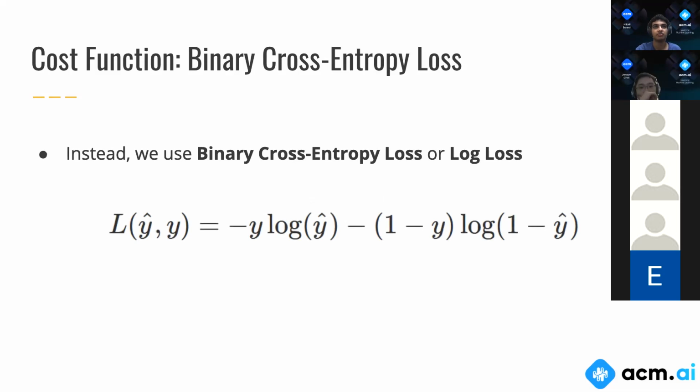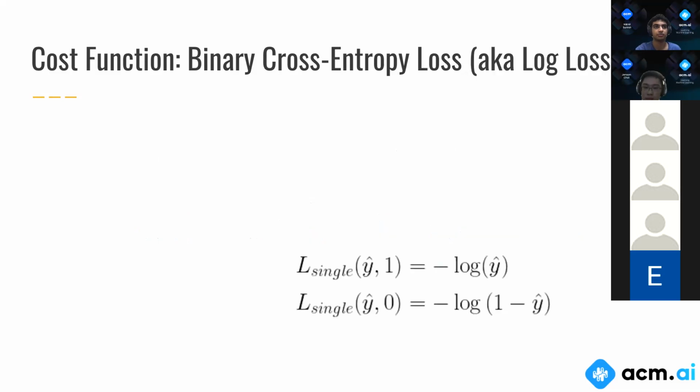And so this is what it is. Given our prediction and our label, we're taking the negative of our label times the log of our prediction, minus 1 minus the label times the log of 1 minus the prediction. This looks confusing, but let's break it down by looking at what happens at certain inputs.